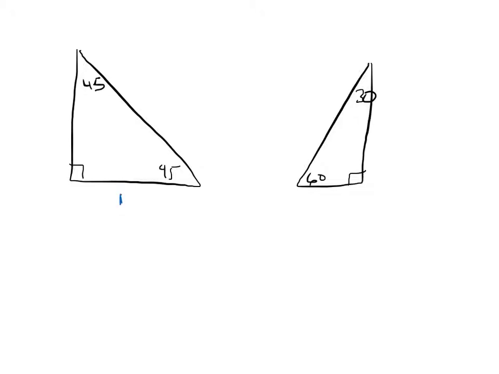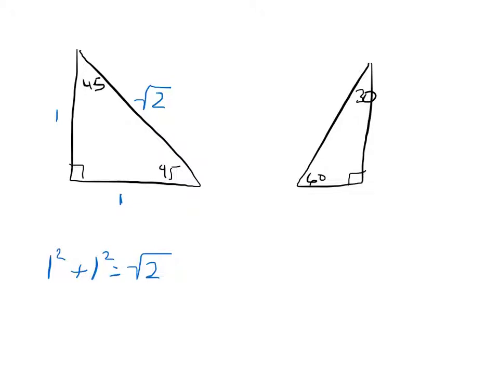We're going to call the length of this one 1, which means the length of this side will also be 1. So if each of those is 1, using the Pythagorean theorem, 1 squared plus 1 squared is 1 plus 1, which is 2. So this side will be the square root of 2.